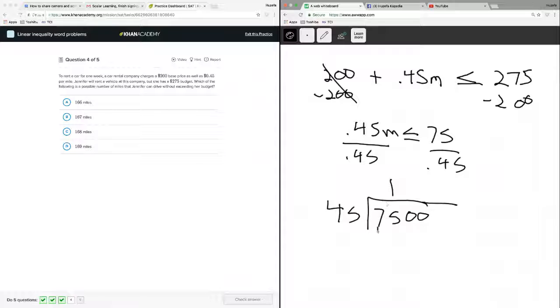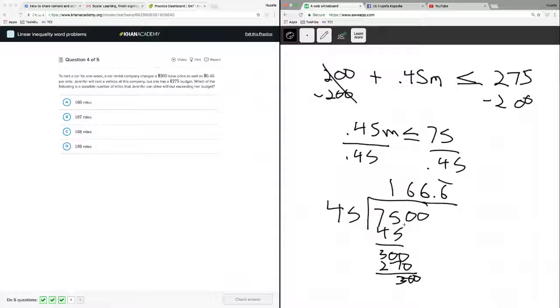So 45 goes into 300 about 6 times, then 7, which is 286. 240 plus 36 is 270 and 30. 300, again, 166.6 repeating, that's what it's going to be.